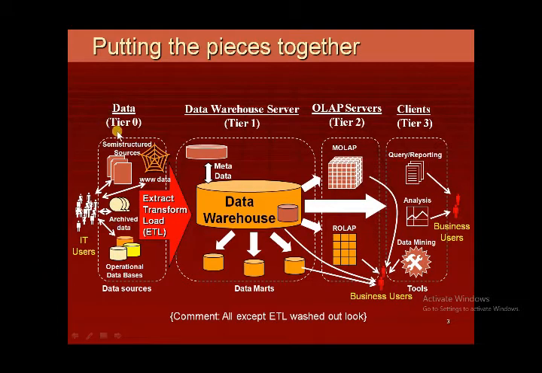From this source system we extract the data. Now again, a very important point here is that these systems store data in different formats. Let's say one system is storing the student name in one single column. In another system, the student name is stored in two different columns as first name and last name.